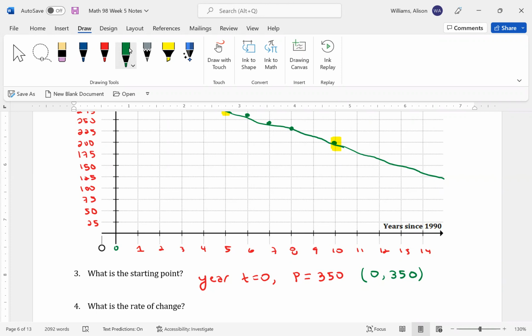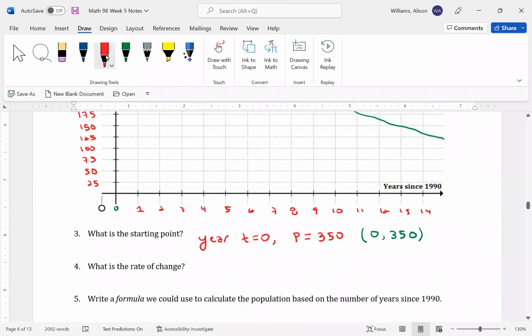Now, what is the rate of change? Well, it's changing every year by 15,000. So we can say 15, but secretly it's 15,000. So let's write a formula we could use to calculate the population change. Now, real quick, I did want to comment. It's not 15.